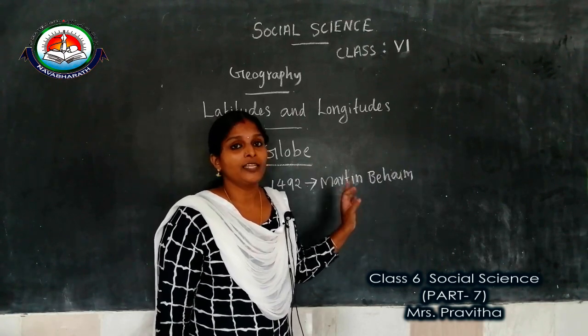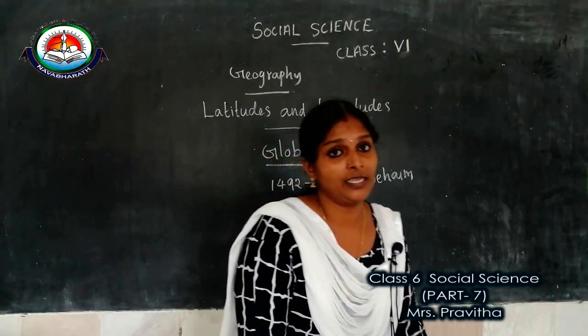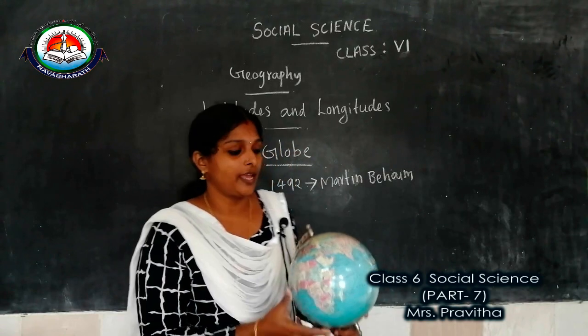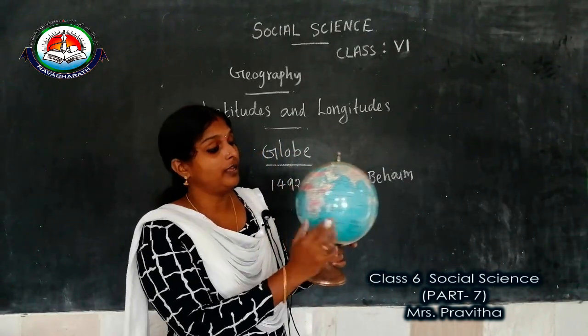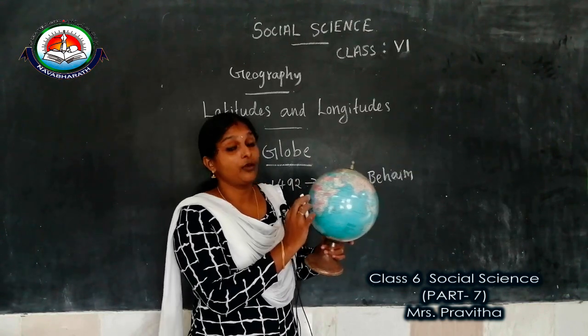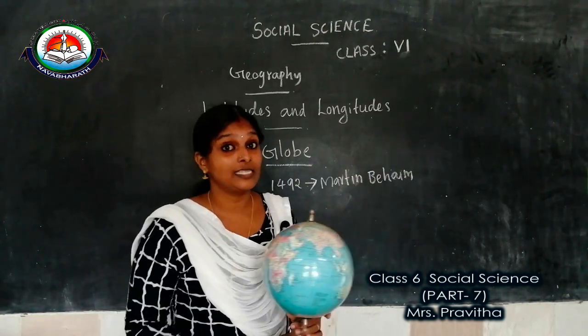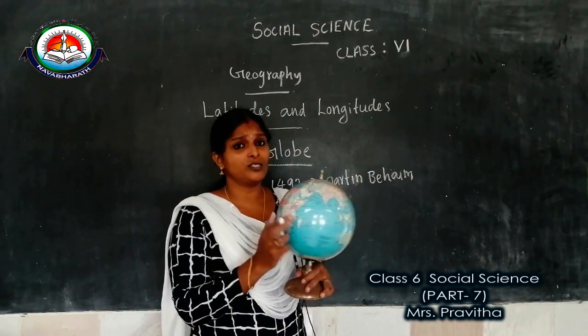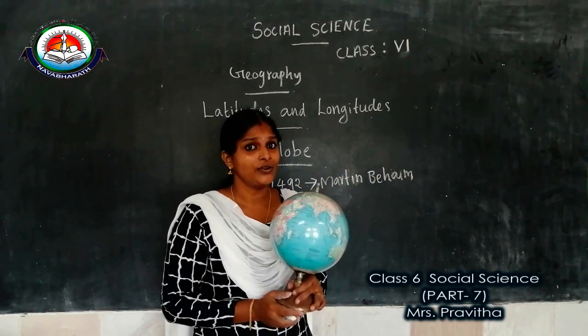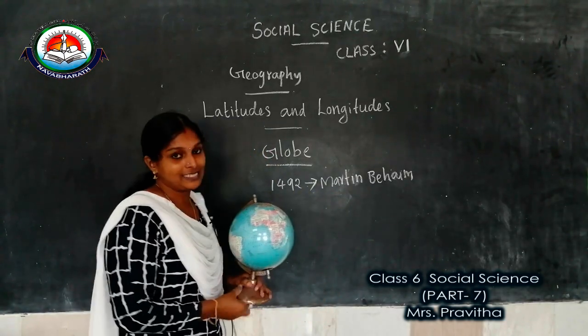Children, I told you that on the globe we can see many lines: many parallel lines, vertical lines and horizontal lines. Let us discuss what these horizontal lines and vertical lines are.